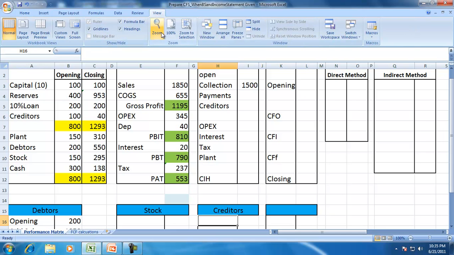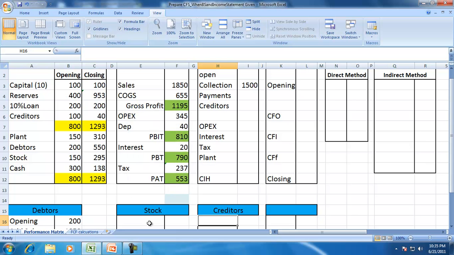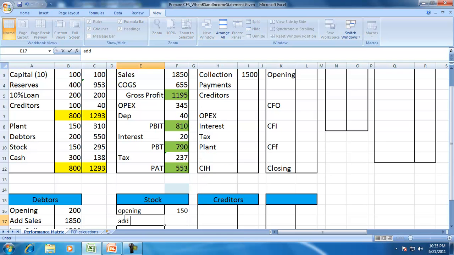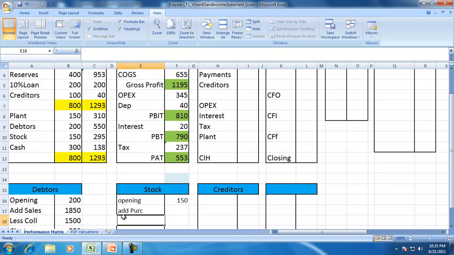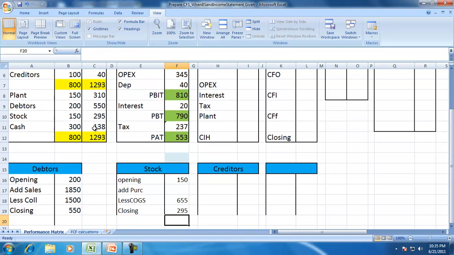Let me slightly reduce this size. The opening stock was 150. Add purchases during the year, we don't know how much, less COGS, which is known. COGS is 655. Then you have the closing stock, which is in the balance sheet, 295.